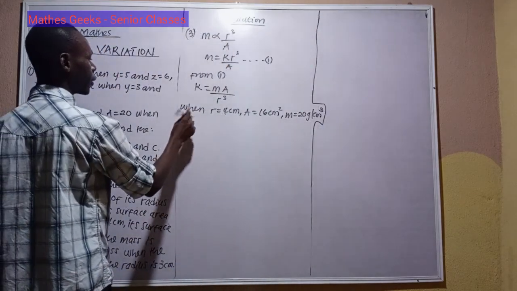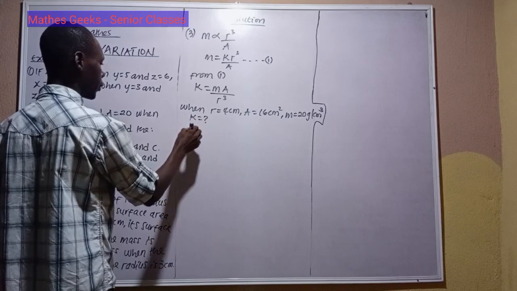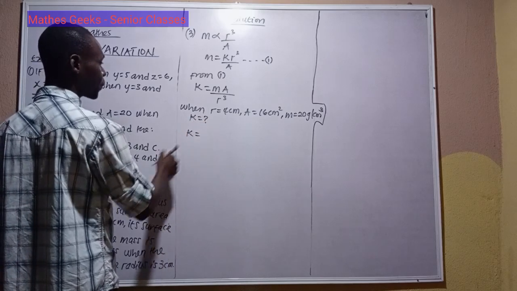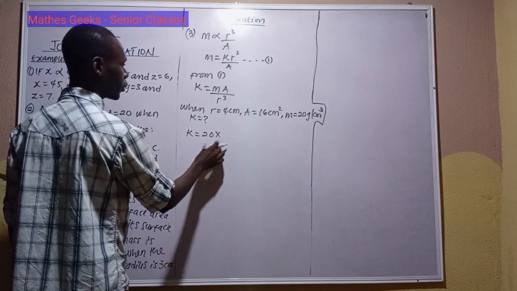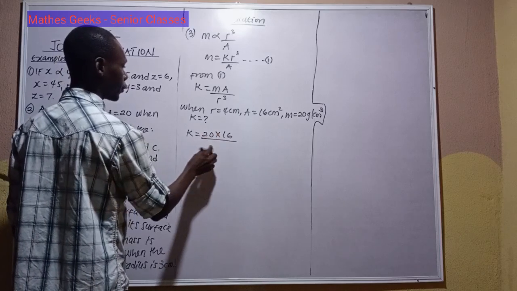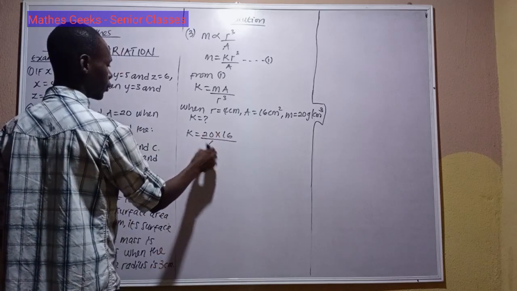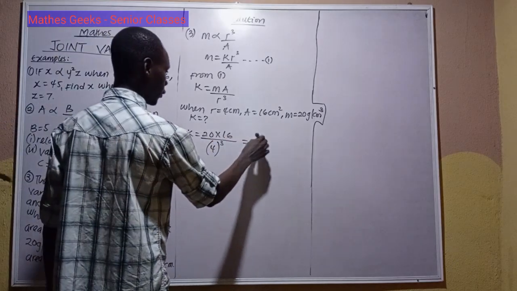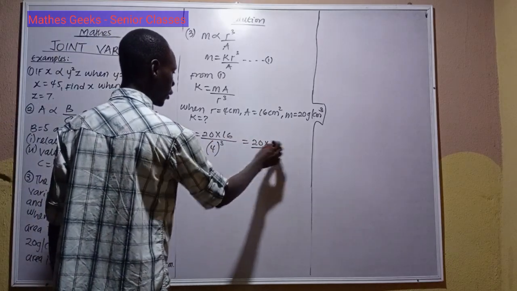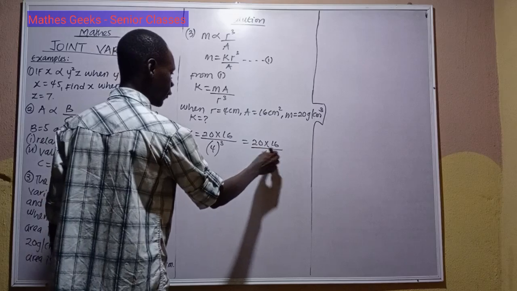So Q is what? Q is equal to mass 20 times 16 over 4 raised to the power 2. 20 times 16. 4 raised to the power 2 is 64.